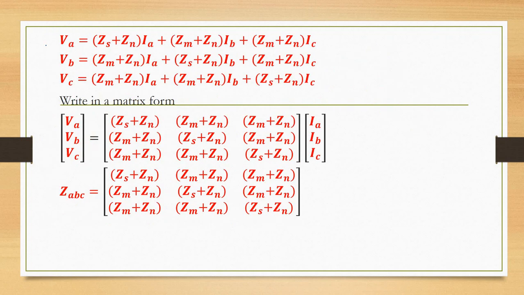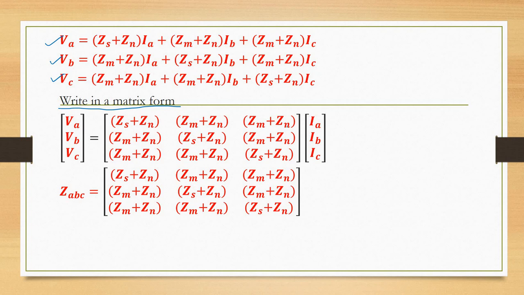Next, I am rewriting the same equations: Va equal to, Vb equal to and Vc equal to. Then I am going to write them in matrix form: Va, Vb, Vc. Here, how to write the Z matrix? The first element is Zs plus Zn. Second, Zm plus Zn.